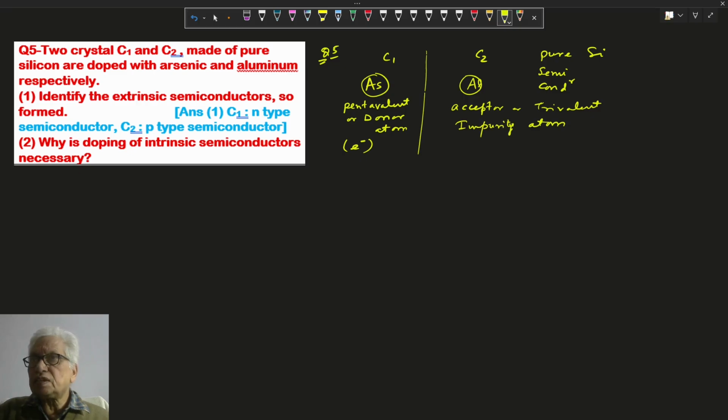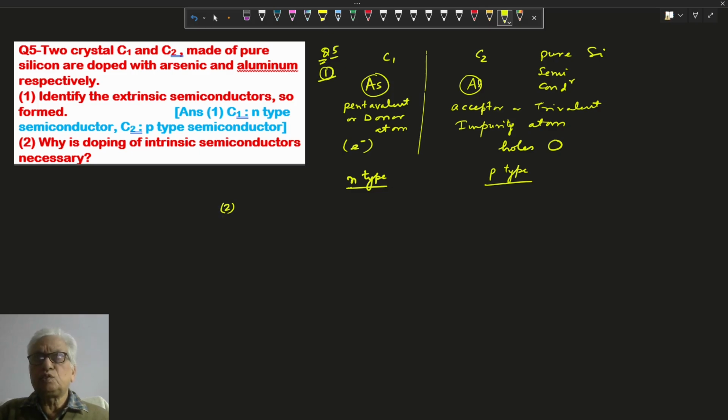It accepts electrons, rather it is creating holes. So C1 behaves as an N-type semiconductor because charge carrier is negative electron, and here it is a P-type semiconductor after doping because hole is the majority carrier here. So this is the first part here.